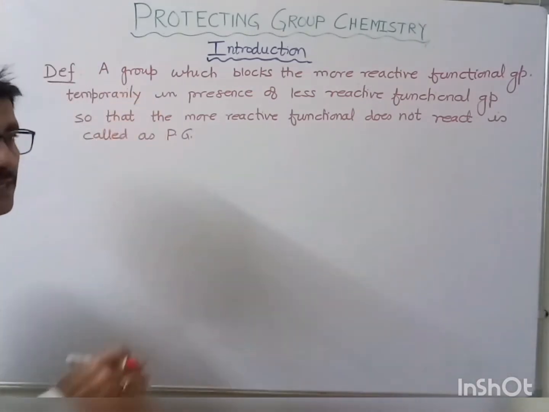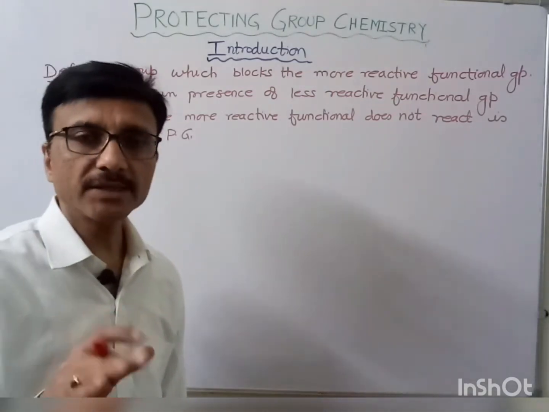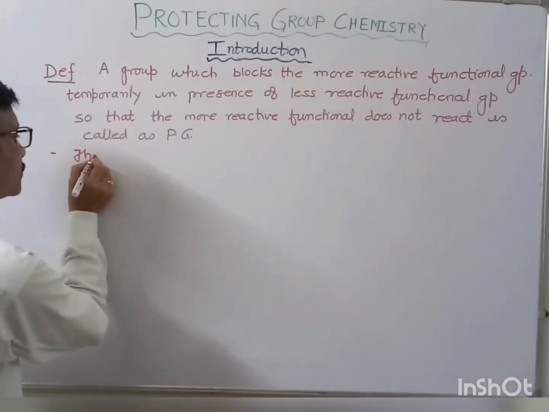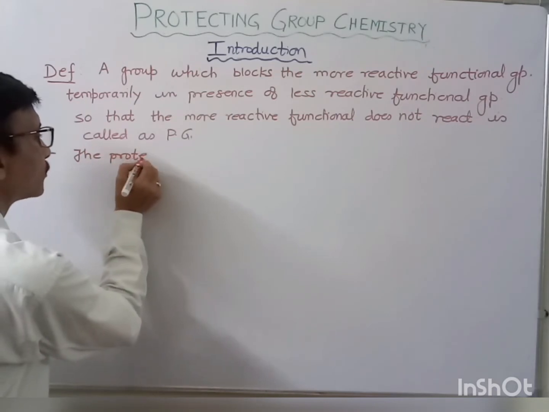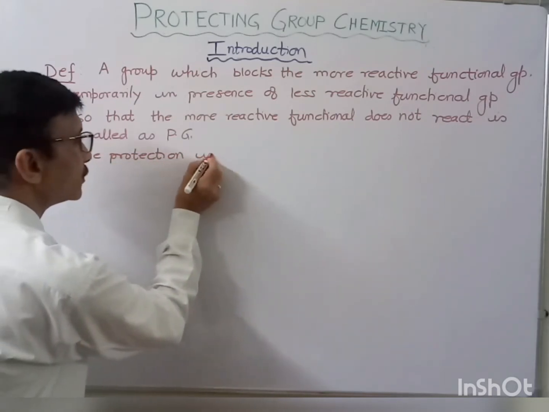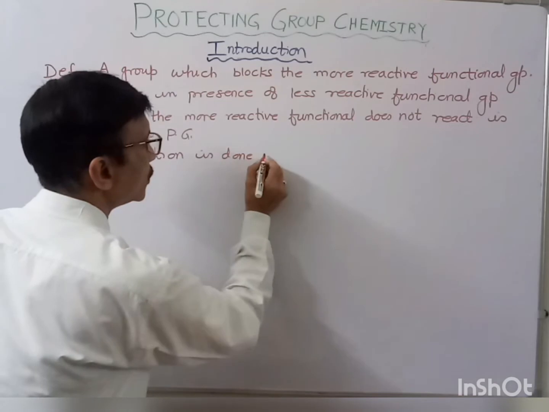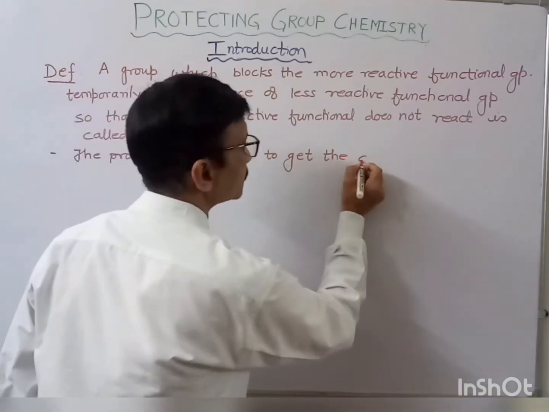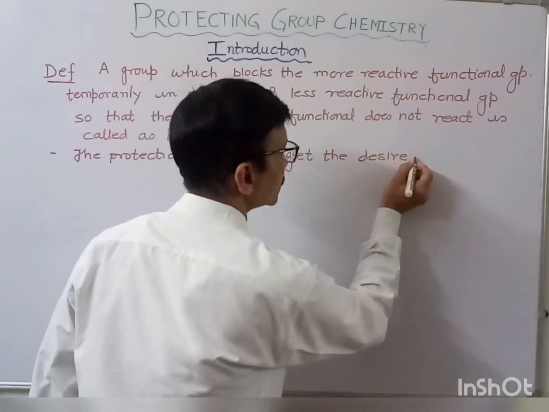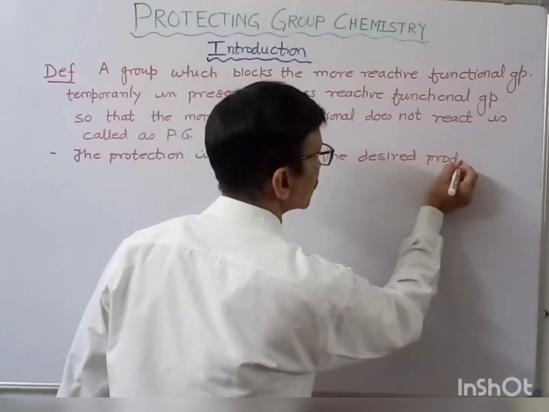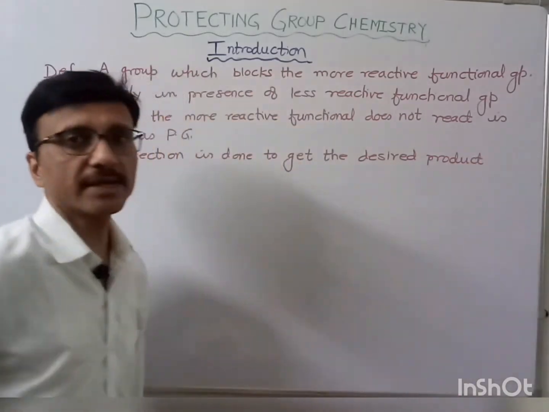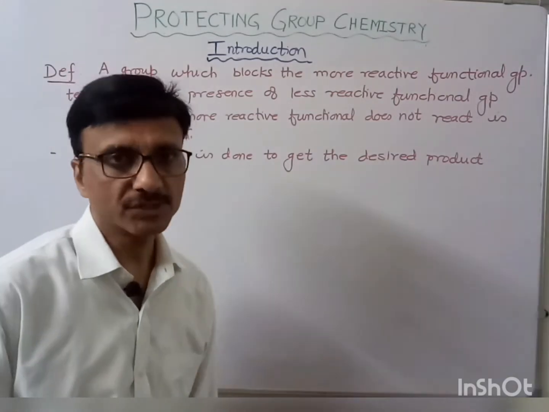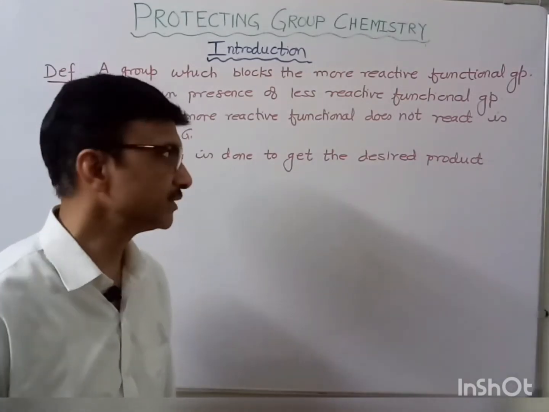So this protection is done to get the desired product. And after getting the desired product, we can deprotect the functional group in presence of some deprotecting agent.